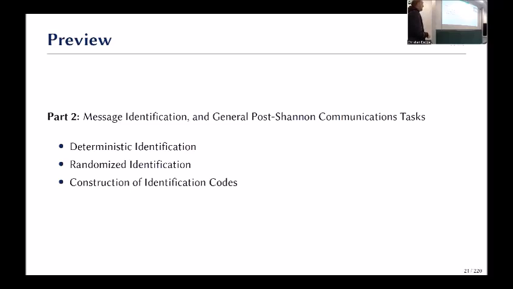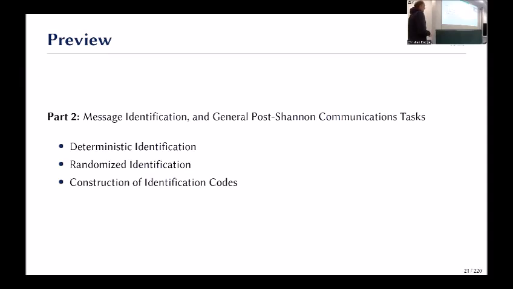So we will look in the second part at message identification and a little bit more general post-Shannon communication tasks. First, I will start with deterministic identification. In this case, we just have one code word per message. Then you will see that in this case, randomized identification gives you an advantage.